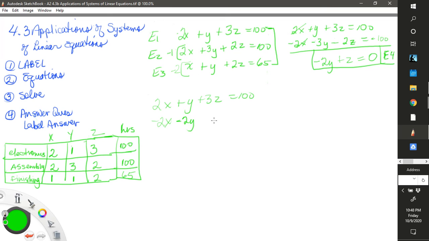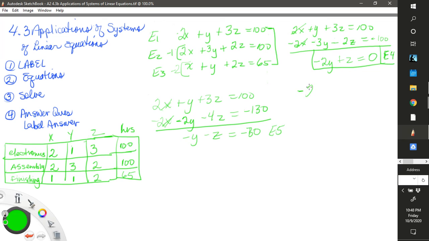Negative 2 times a positive 2 is a negative 4z. Negative 2 times 65 is a negative 130. My x's cancel. I get a negative y, a negative z, and that equals a negative 30. That is my E5.